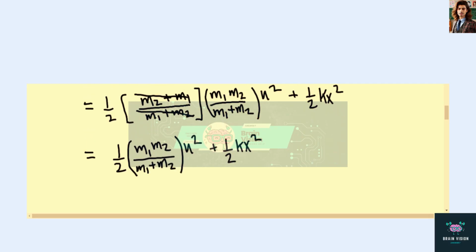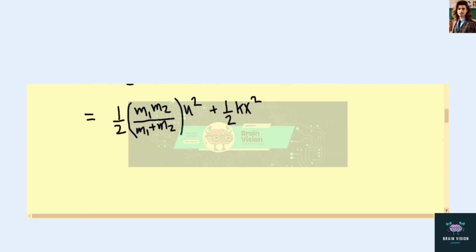Comparing one more time with the last line, we have the reduced mass, m1 times m2 divided by m1 plus m2, multiplying the magnitude of the relative velocity squared. And again, the potential energy is expressed in terms of the relative position. So we can simply write mu for m1 times m2 over m1 plus m2.